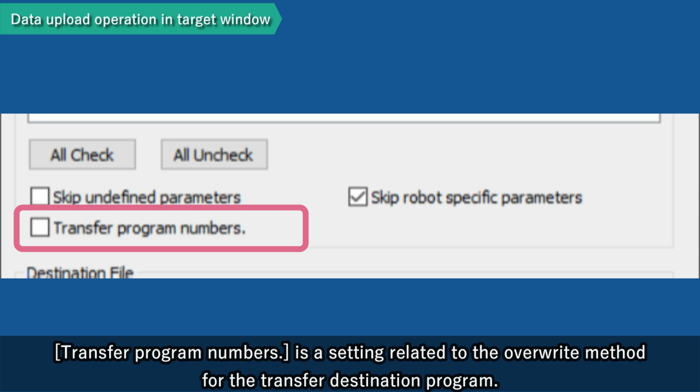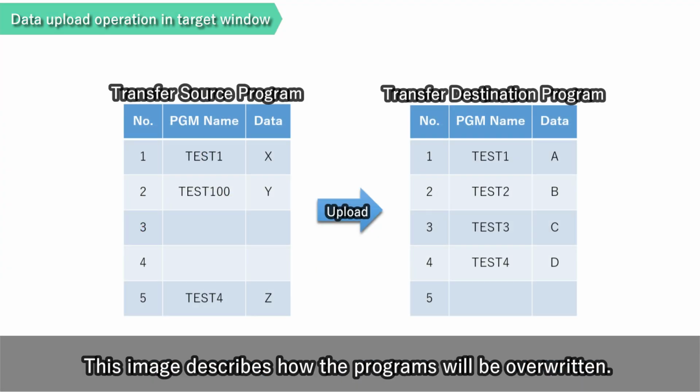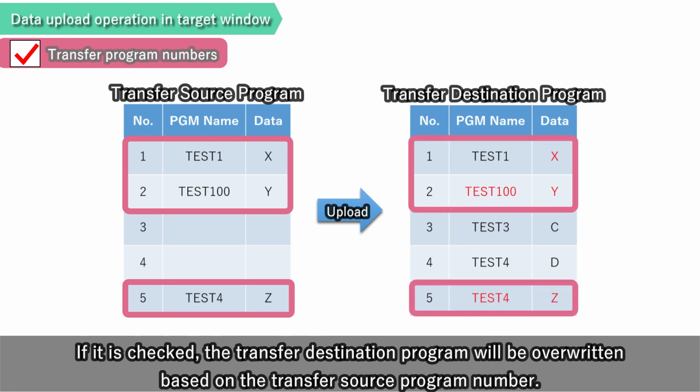Transfer program numbers is a setting related to the override method for the transfer destination program. This image describes how the programs will be overwritten. If it is checked, the transfer destination program will be overwritten based on the transfer source program number.